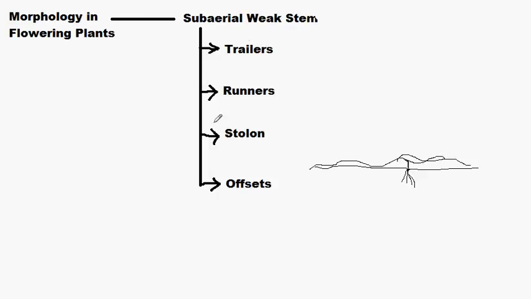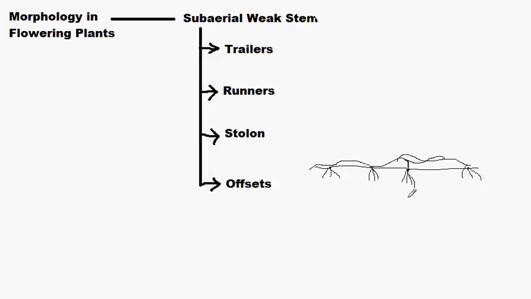But what differentiates it from trailers is that if it is a runner, then there will be some roots, adventitious roots obviously, developed from place to place. Okay, that will be the differentiating character between the trailers and the runners.